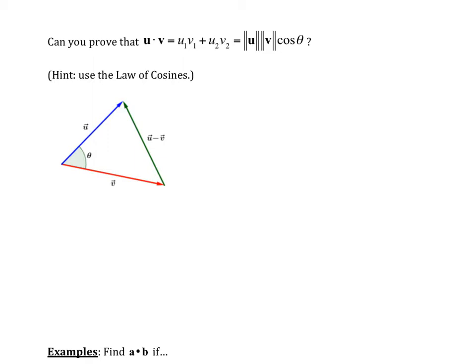The first thing we want to do is find the side lengths as magnitudes. Here's what that looks like. Let's call this vector u, with components u1 and u2.